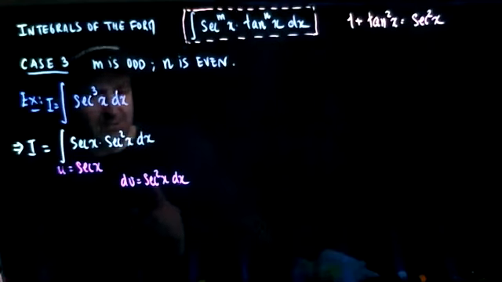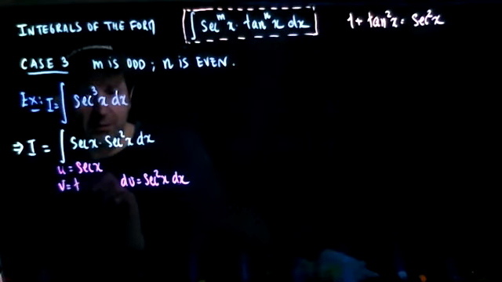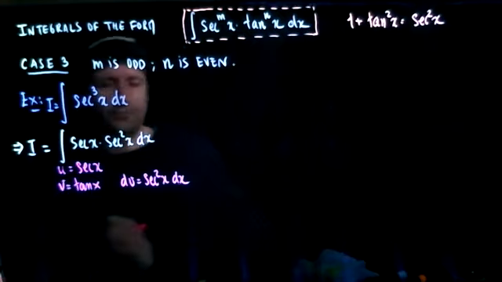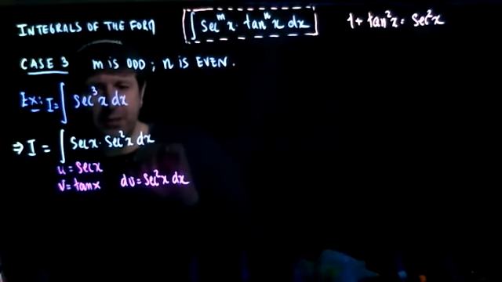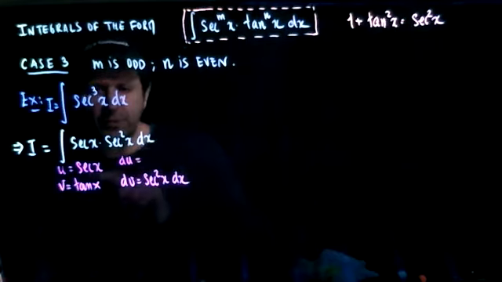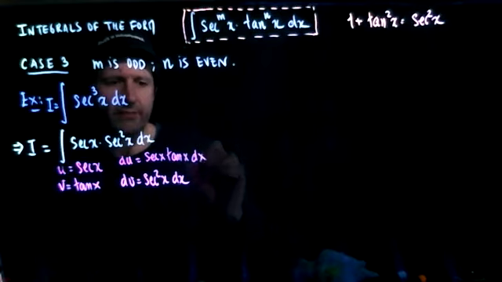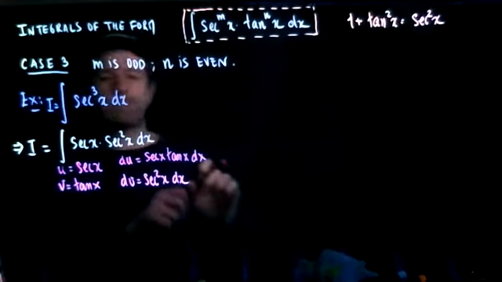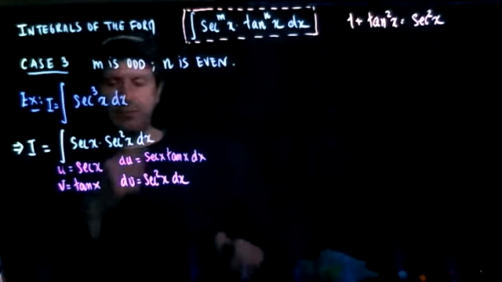That's an easy one. We know that it's tangent. And du, the derivative of secant, is secant x tangent x dx. Okay, and I'm going to take it from here now.